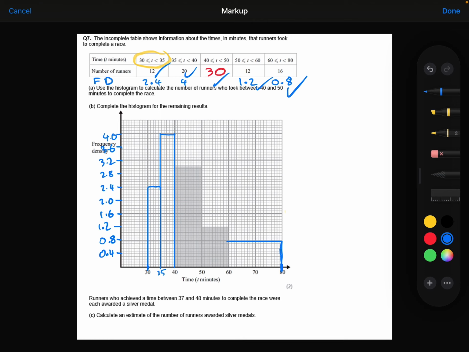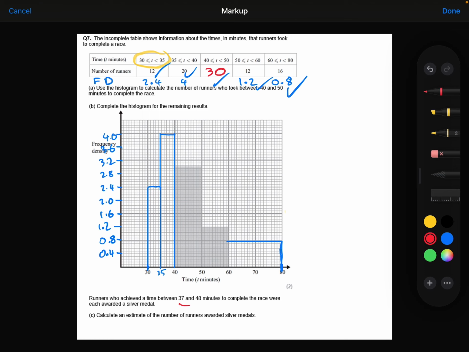Let's now have a look at part C of the question, where we are told that runners who achieved a time between 37 and 48 minutes were each awarded a silver medal. We need to calculate an estimate for the number of runners who were awarded silver medals.